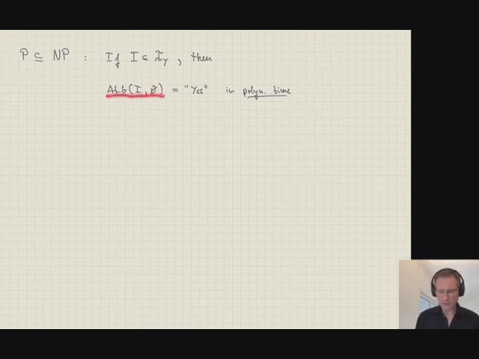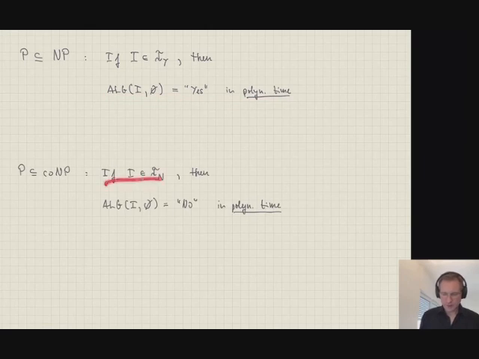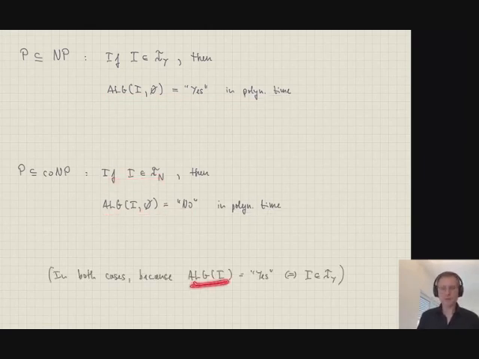And the algorithm will correctly decide yes in polynomial time for this yes instance. And the same actually for no instances. And that works because this algorithm actually returns yes if and only if the instance is a yes instance, and it returns no if and only if the instance was a no instance.